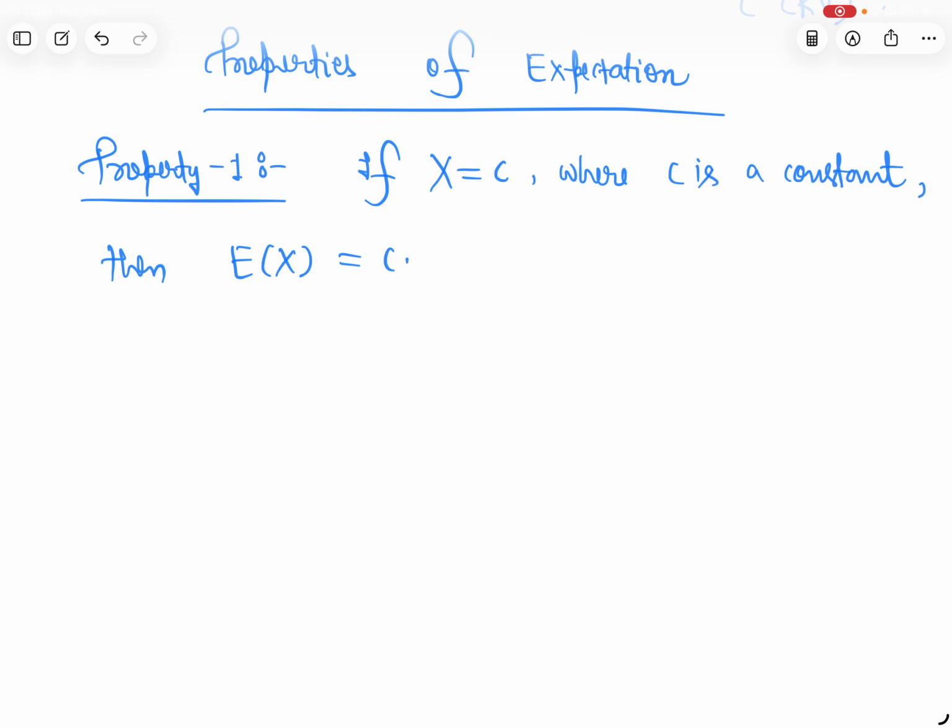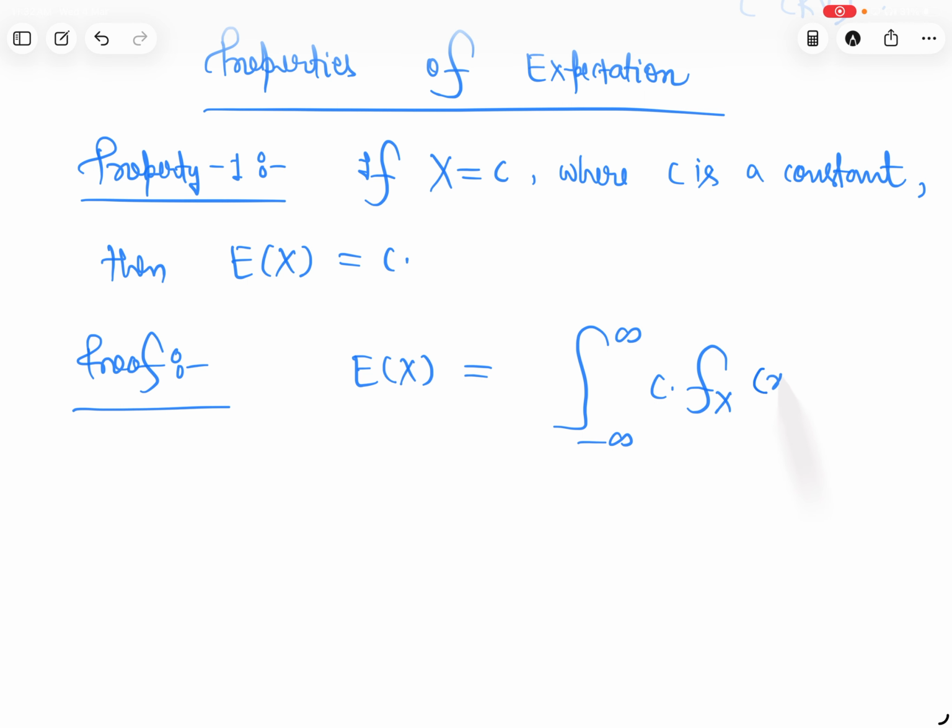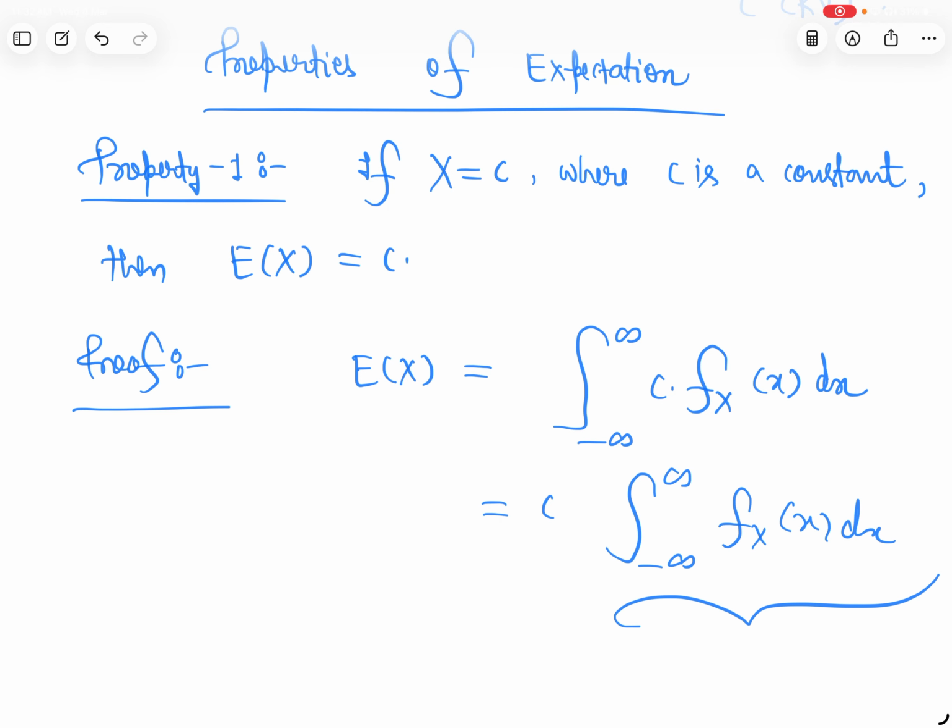Okay. So proof, how to write expected value. If your random variable is continuous, then you will use this formula. C will come out. Can you tell me what is this value? 1, always 1.